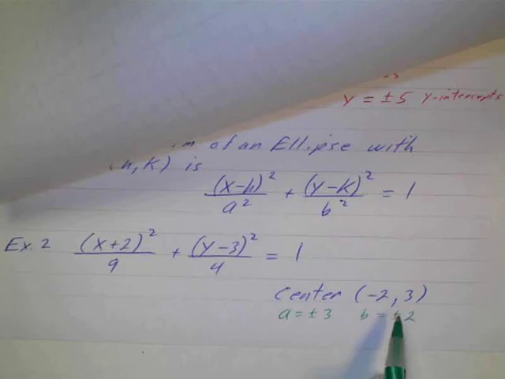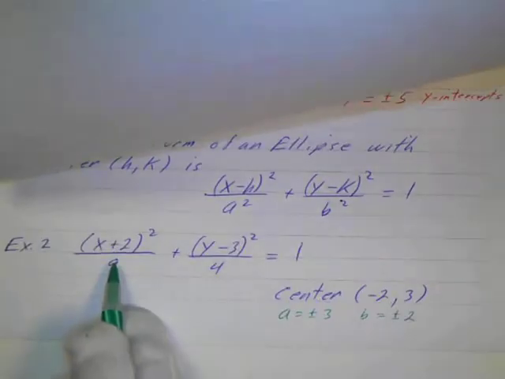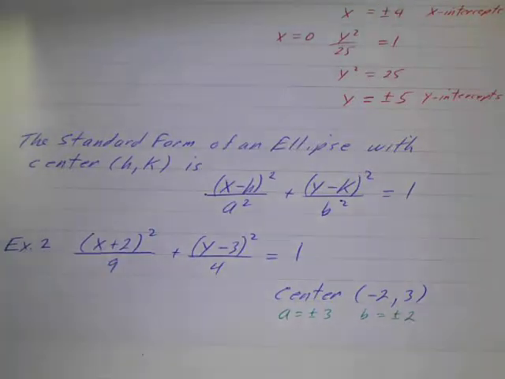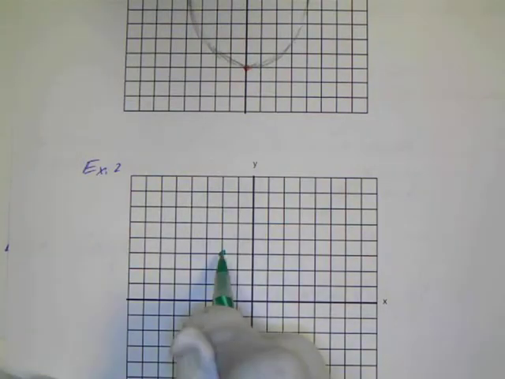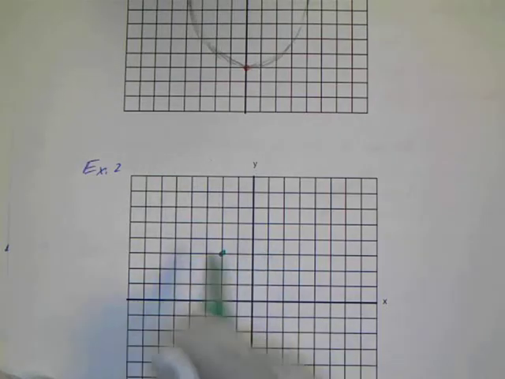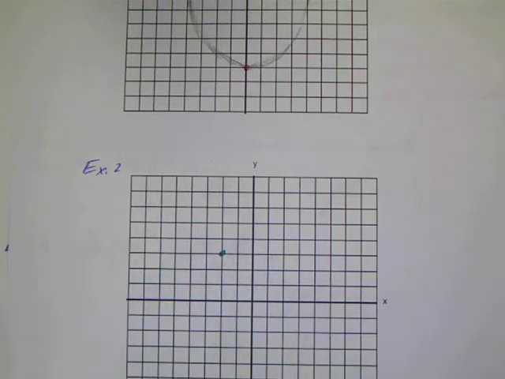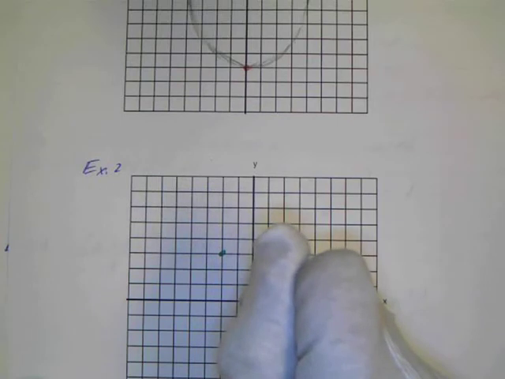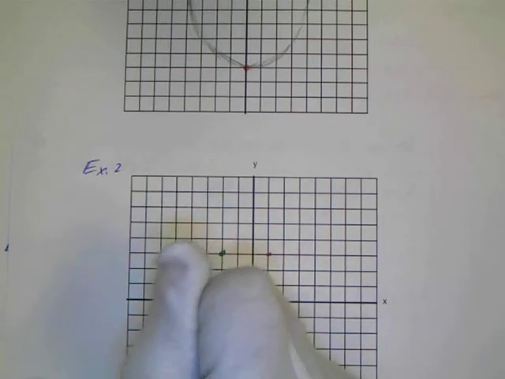And my a is going to be plus or minus 3, and that's under the x, so that's going to give me the horizontal axis. So I'll go plus or minus 3 from this point in the horizontal direction: 1, 2, 3 here, and 3 to the left, 1, 2, 3 there.